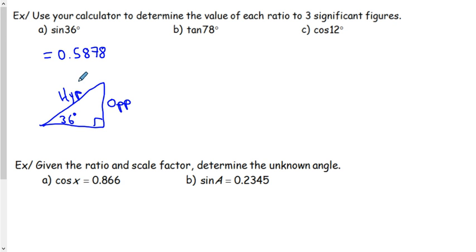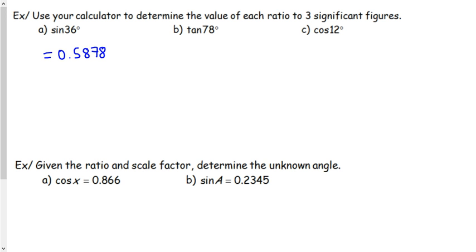No matter the size of the triangle, as long as it's a right angle triangle with a 36-degree angle, we'll get that number, because they would all be similar, right? So that's what we got for our first one.